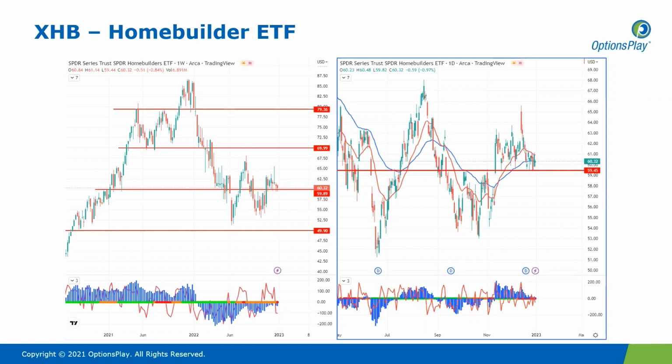But I still think, when you look at the strategy for credit spreads, and if you consider the fact that there are three key trends in the market, a bullish trend, a bearish trend, and a neutral trend, credit spreads benefit from two of the three trends. They benefit from a neutral trend and from a bullish or bearish trend, depending on the type of credit spread. And it's a very forgiving strategy.